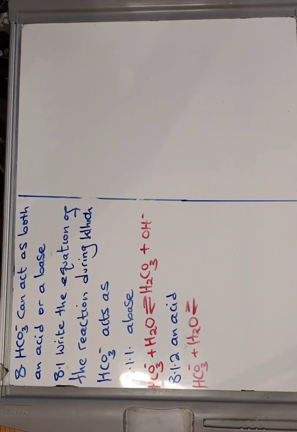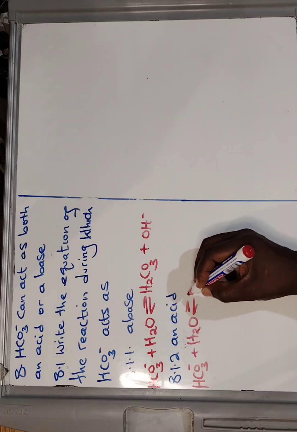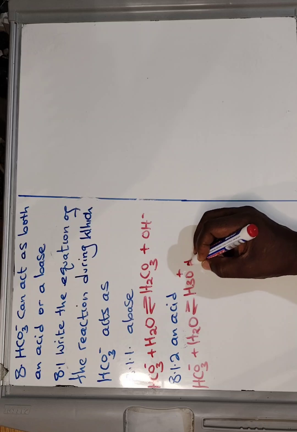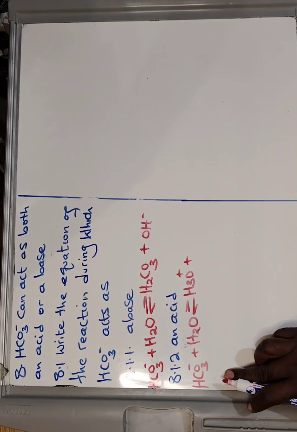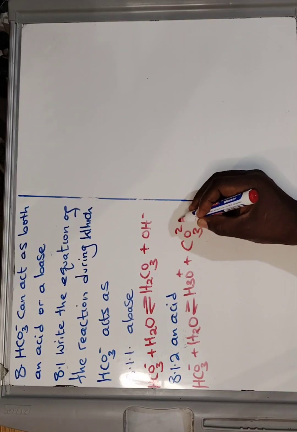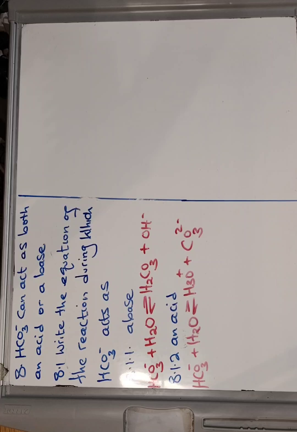In this case, the bicarbonate is acting as an acid. That means it is now a proton donor, donating a proton to water. When water gets a proton, it becomes hydronium ion. And when the bicarbonate loses a proton, it becomes a carbonate ion.